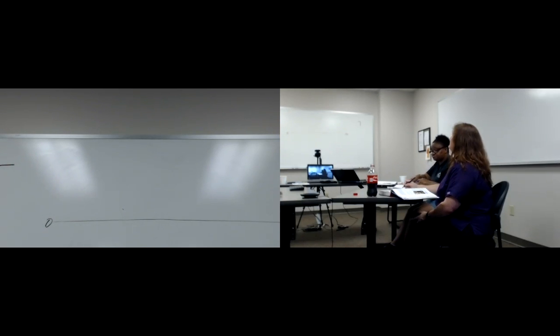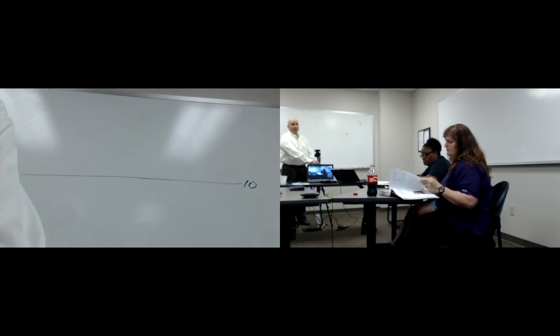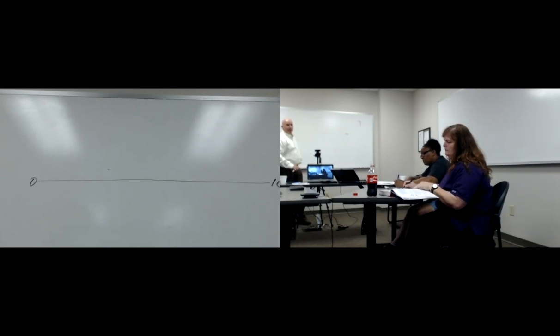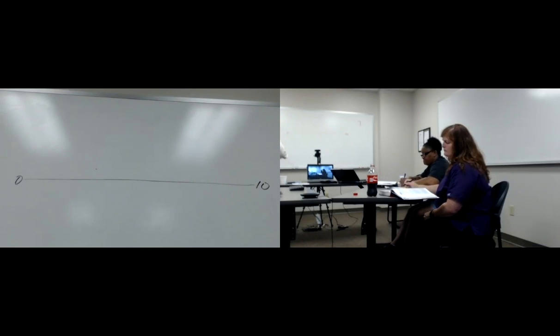Let's say that my range is going to be 0 to 10. And let's just say I have 10 observed values again. So we'll do 1, 2, 3, 3, 5, 6, 7, 7, 9, 10.